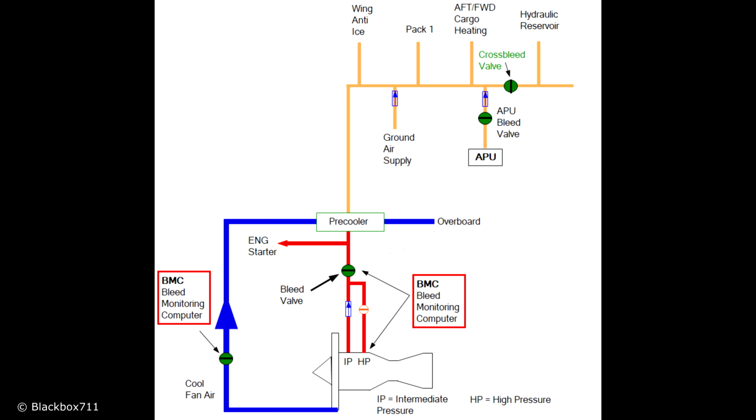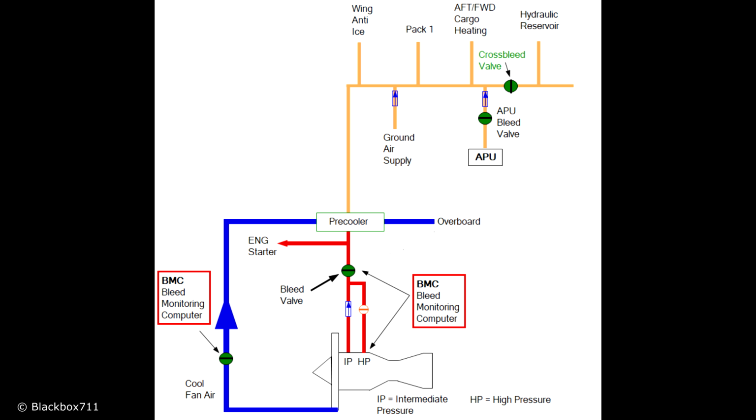Usually the intermediate pressure will be enough to pressurize all the necessary systems. However, if bleed demand is very high or the RPM of the engine is somewhat low, then the high pressure valve will also open in order to meet the bleed demand by the systems.